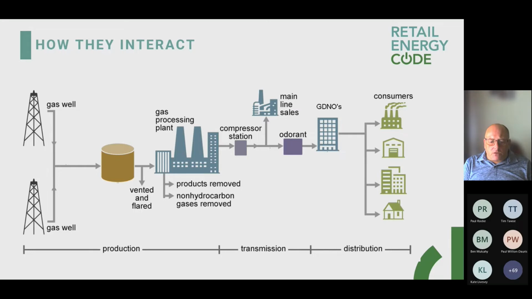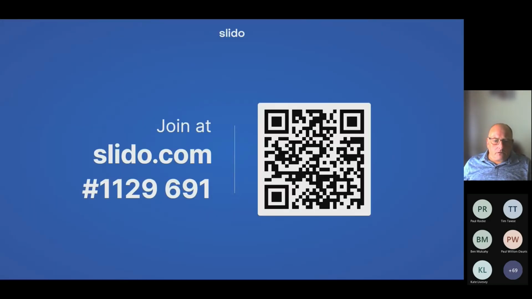Amelia, if we move on to the next one, please. So this is just an opportunity if anybody wanted to have any questions for Dave on what he's just gone through. You can either scan this via your smartphone, the QR code, and it should come up, or you can just go old school and type slido.com into a browser and type that number in if you have any questions.